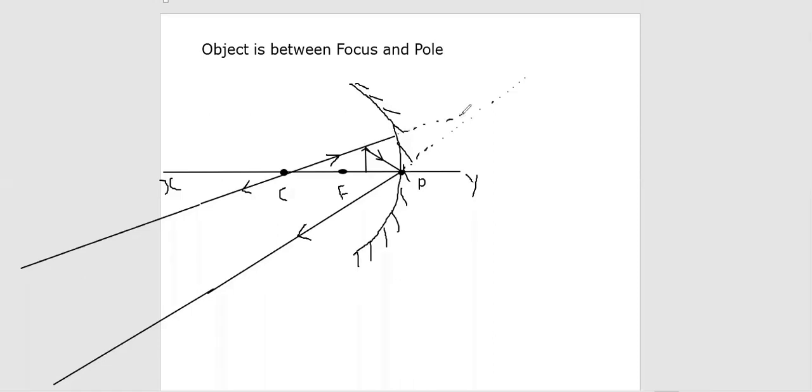So these two extended rays of lights, they are meeting at particular point behind concave mirror. Understood? These two are imaginary reflected rays. Those two are not at all reflected rays.